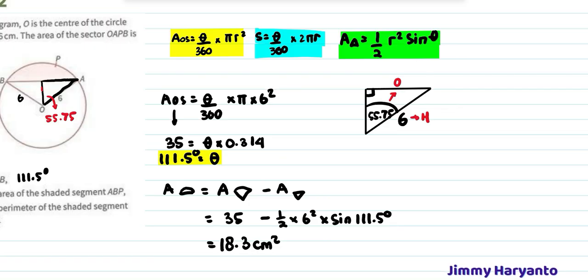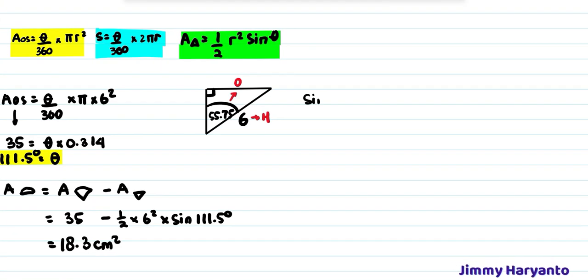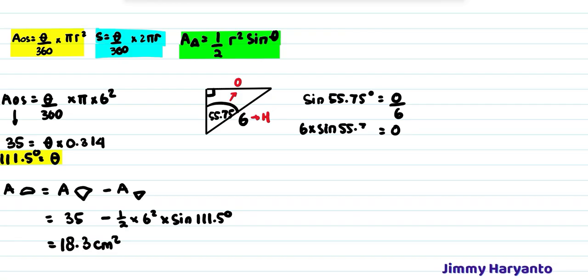That means we can use sine. Sine 55.75 degrees equals opposite over hypotenuse. The hypotenuse is 6, so to find the opposite, we multiply 6 with sine 55.75, just doing cross multiplication.